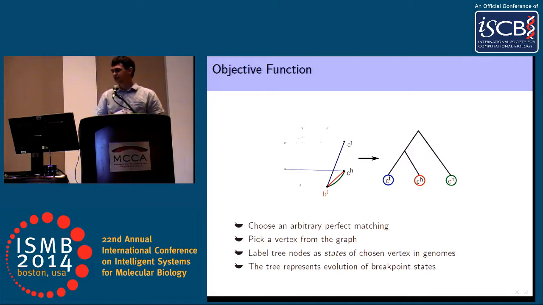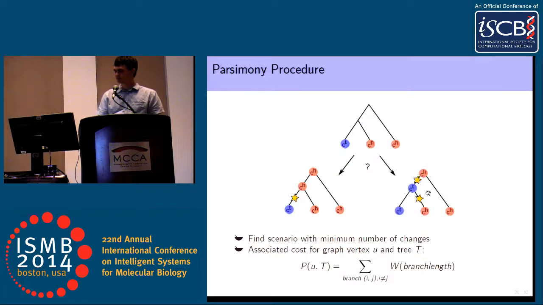Let's find the scenario of how this evolution happened. This is the well-known Parsimony procedure, and what we want to do is to minimize the number of operations. And we can solve it with dynamic programming, and after it is solved, we can assign a cost, which will be just the sum over all the tree branches in which states were changed, and we also incorporate the lengths of these branches.